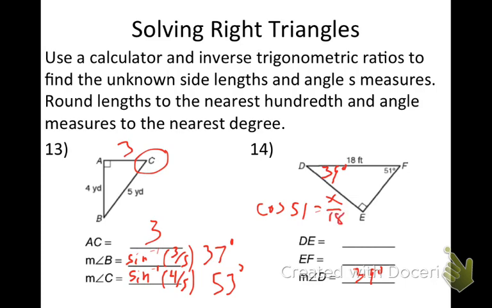Okay, and what did you get then for EF? That is correct. That would be EF right there, cosine of 51, because we went adjacent. EF over 18, nice job.